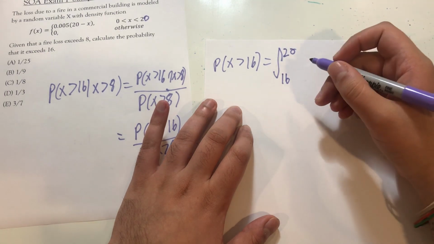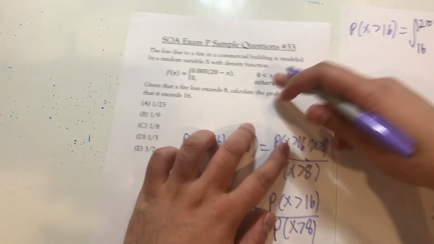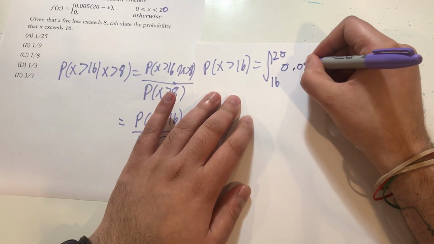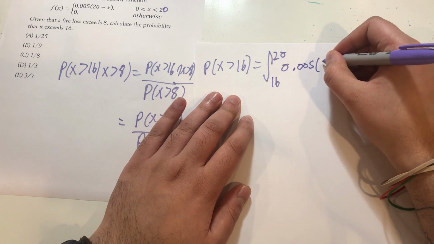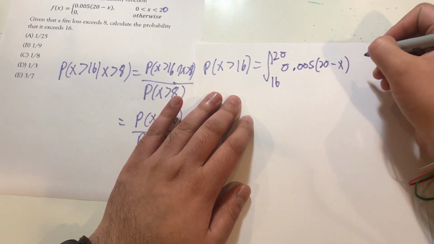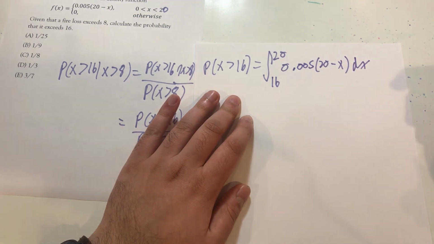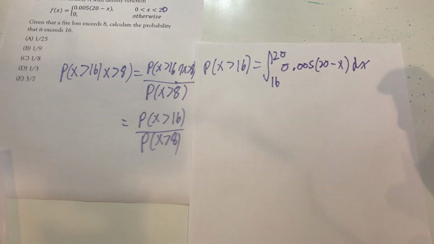And then what am I calculating? Well, that's in between this range, so I'm using this expression, 0.005 times (20 minus x) dx. Now I'm going to multiply this out. It's easier for me to multiply it out.